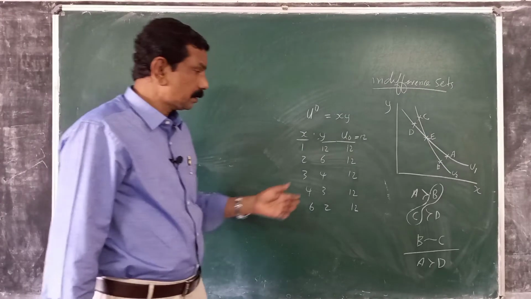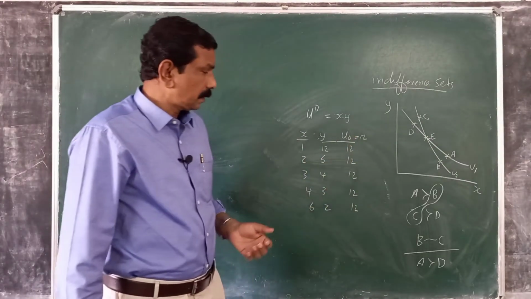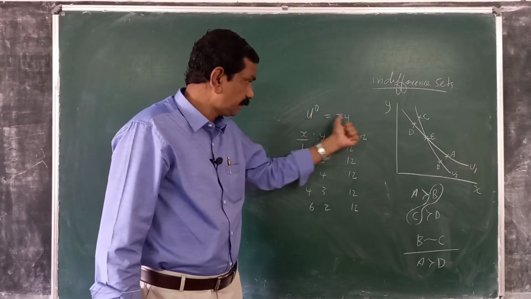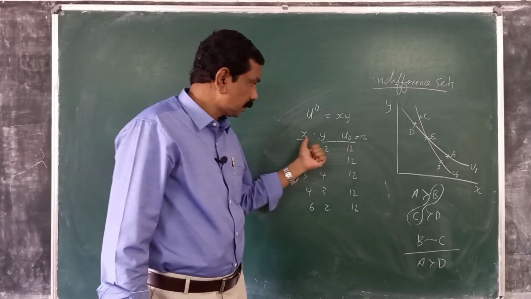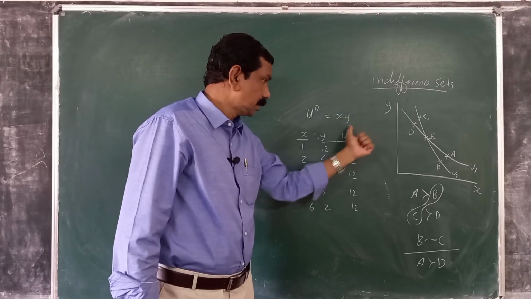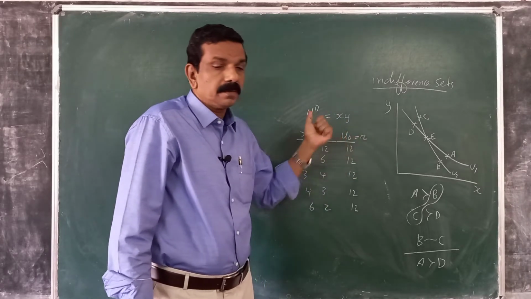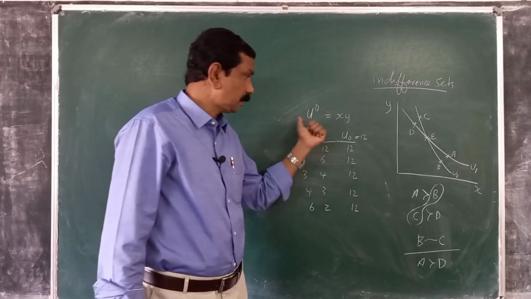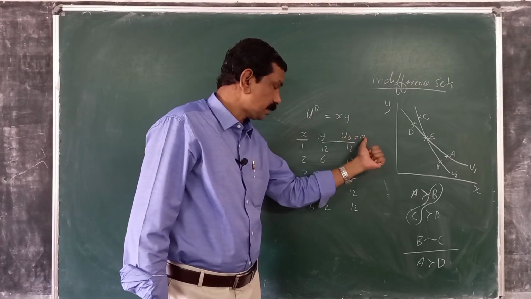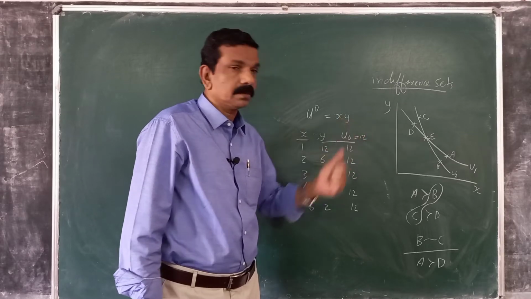If you plot this on an xy space, you will get an indifference curve representing a utility of 12.